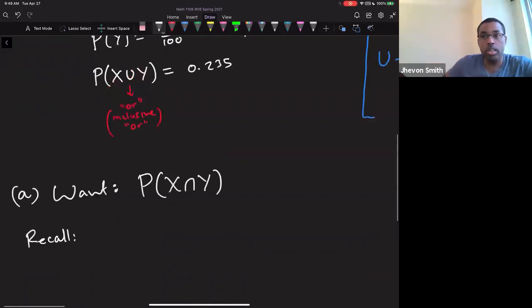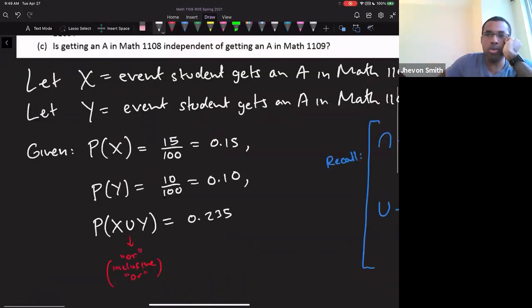So if you know each individually and you know the union, how would you get to the intersection? Do you remember anything that connects all of these? What would connect all of these? Or how can I find the intersection?